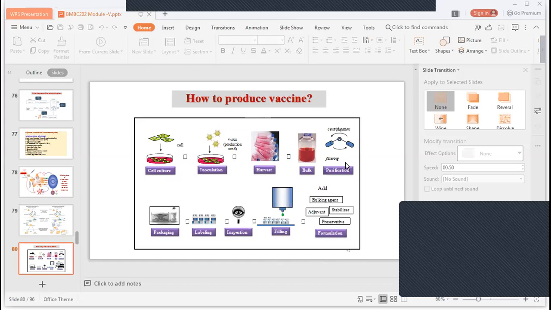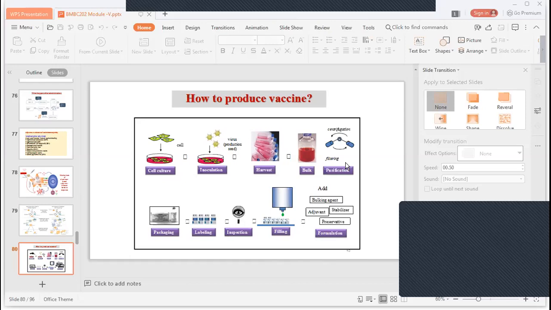One is your adjuvant, second is the stabilizer, third is the preservative. The stabilizer is stabilizing the structure and function of the adjuvant as well as the antigen. And the preservative is preserving the antigen and enhancing the vaccine shelf life. So this is how the formulation of vaccine will take place.